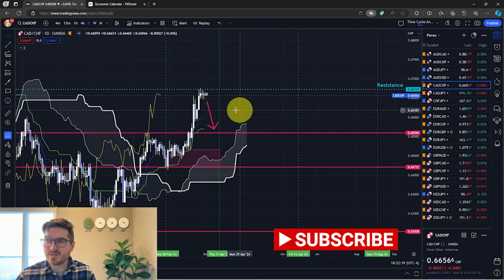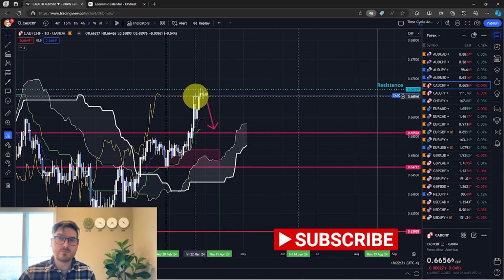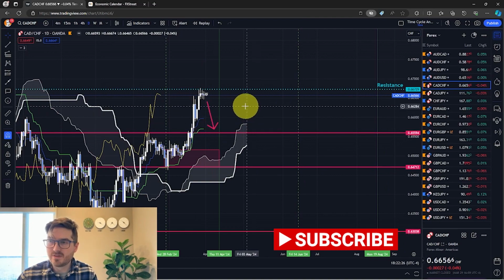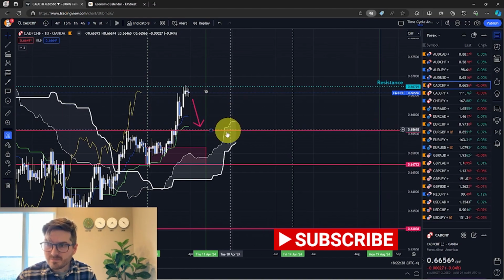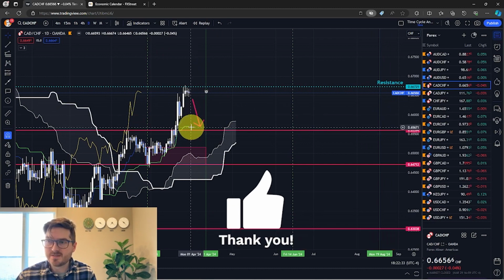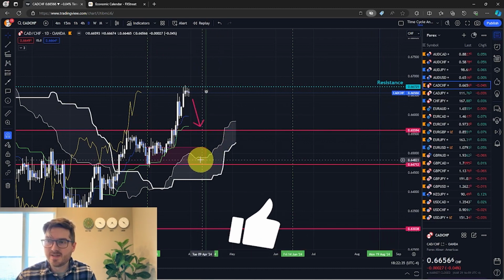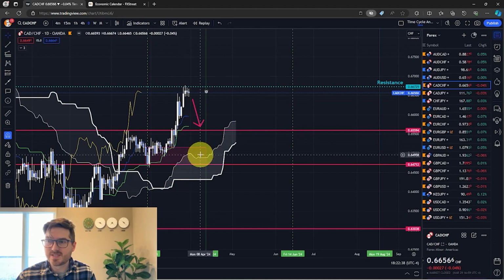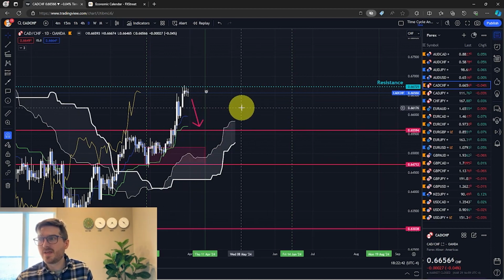And so I'm expecting price to take a break from trending in the bullish direction and to be retracing over the next few weeks. So the first level we're going to see a retracement to would be the Tenkan-sen, then the Kijun-sen, and then possibly even back down to this supply zone here, which is around the Senko Span A. So keep an eye on that.